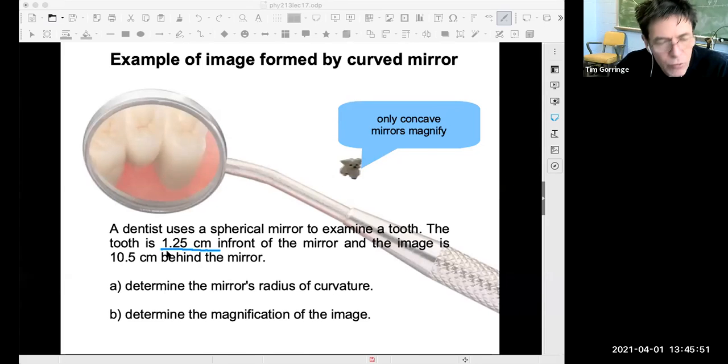The focal length was 1.4 centimeters, so a little bit bigger. So this is the case of when we're inside the focal length. We magnified things. We made things much larger.